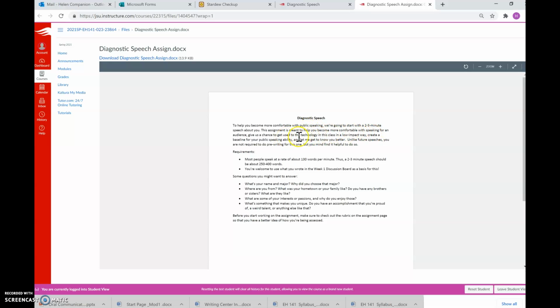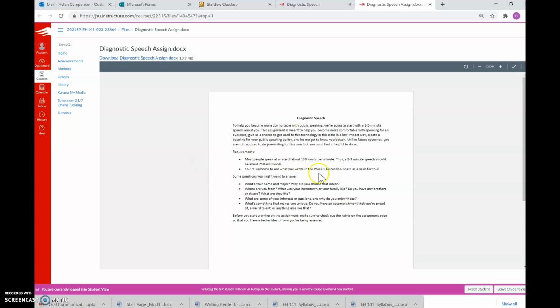It's going to start with a 2 to 3 minute speech about you. It's also meant to give us a chance to assess the technology used in this class in a low impact way. I would hate for the first assignment that involved technology to be 200 points, which is a fifth of your grade, because if something happened with the tech, that makes things really bad for you.